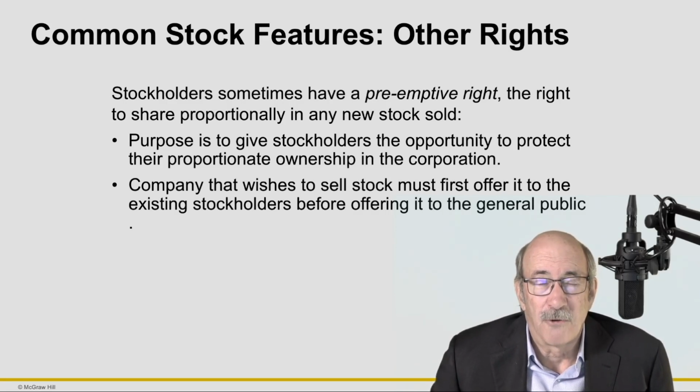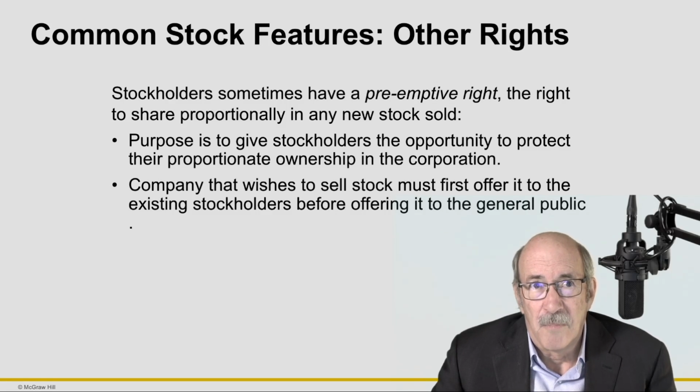And that seasoned equity offering might add, so let's say it adds another 2 million shares to the total shares outstanding. Well, that means if I owned 100 shares out of the original 10 million and I did not participate in the seasoned equity offering, then my voting rights would be diminished, would be diluted.